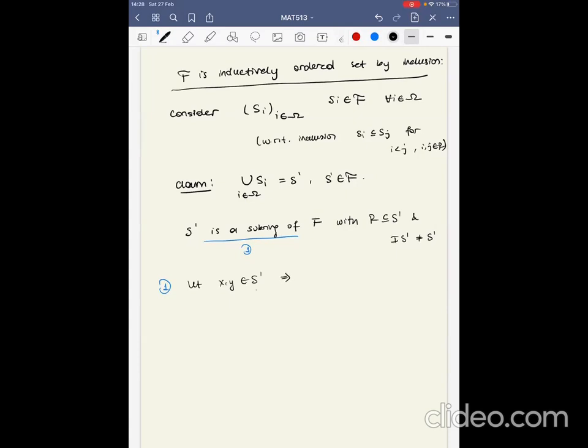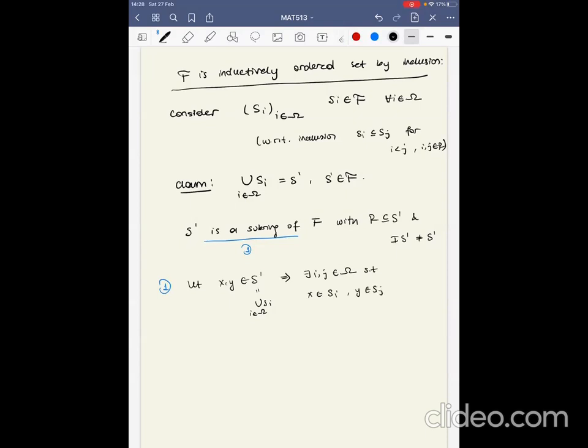So in this case, when we consider these two elements x and y in the union, we can say that there exist rings S_i and S_j that contain the elements x and y.